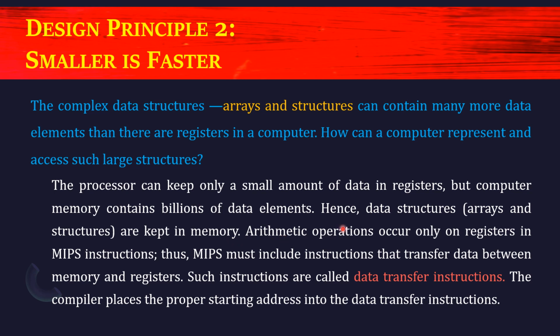Arithmetic operations occur only on registers in MIPS instructions. So MIPS must include instructions which transfer the data between the memory and the registers, because the data structures like arrays and structures are stored in the memory itself. So while we are performing the arithmetic operations, we need to get the data from the memory.